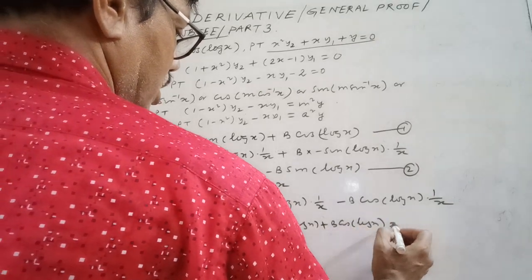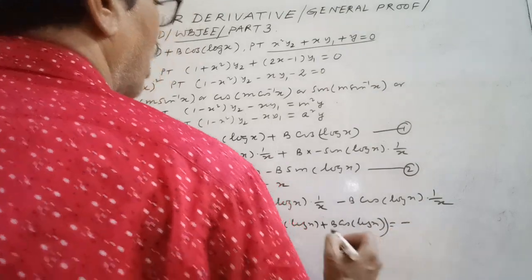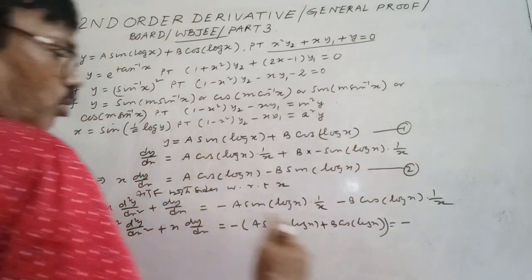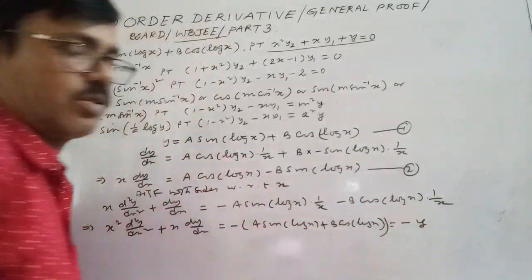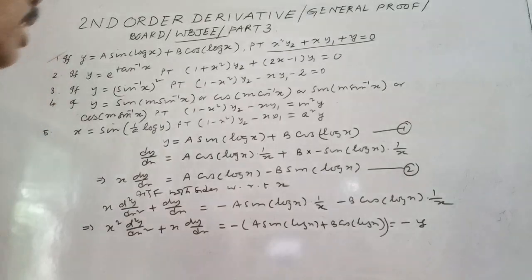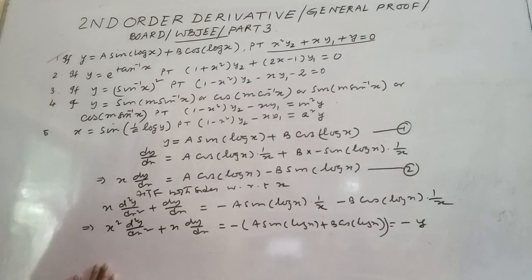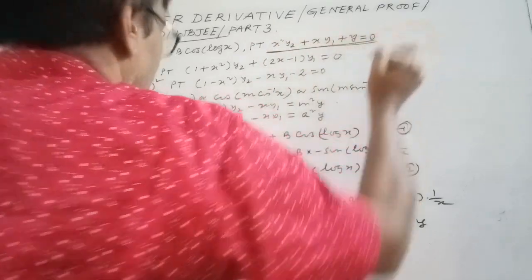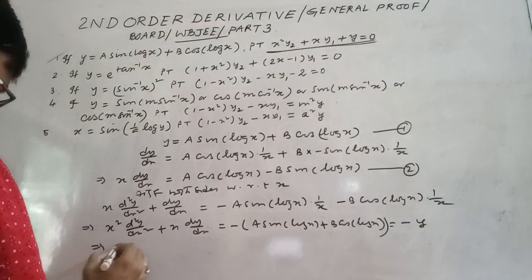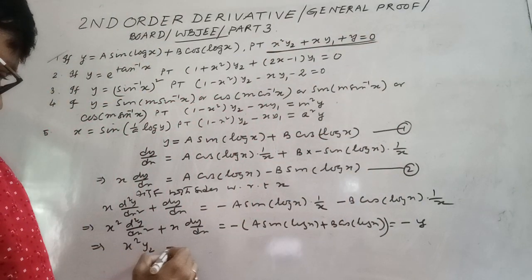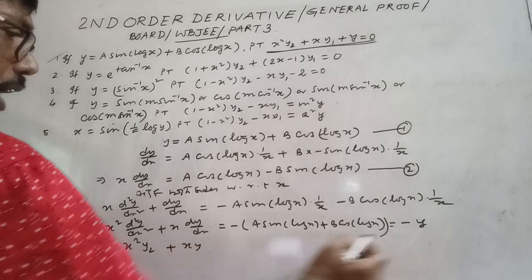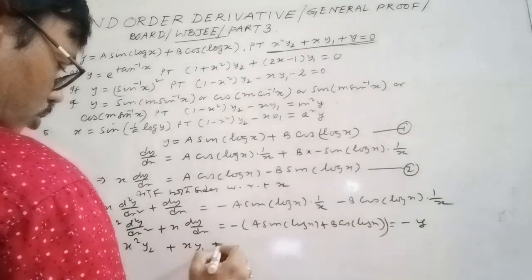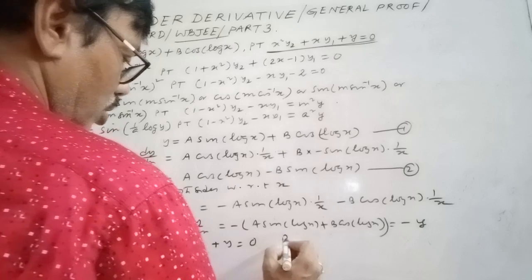Now this is, by relation number 1, minus y. So this is minus y. Now write the result according to the answer. The double derivative is represented by y2, this is y1, and this y is transferred to the left side.